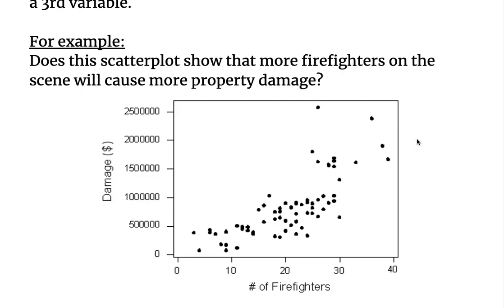But that doesn't make any sense, right? We're not going to say, oh, don't bring more firefighters to this fire, because studies have shown that the more firefighters we bring over, the more damage it's going to cause. That's not necessarily the case. If that were the case, then we would bring over 0 firefighters and nothing would be damaged. So that doesn't make sense.